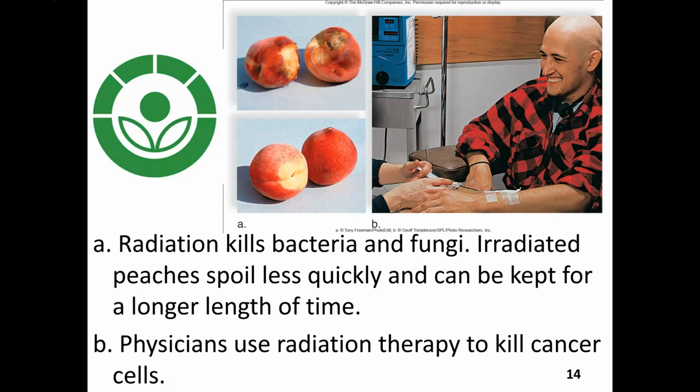Have you ever noticed that when you go to a farmer's market and you get some type of fruit or vegetable, it doesn't stay good for as long as if you buy the same fruit or vegetable at a grocery store? That's because the foods that you buy from the grocery store are often irradiated, and that's going to allow them to stay longer. They have a longer shelf life.